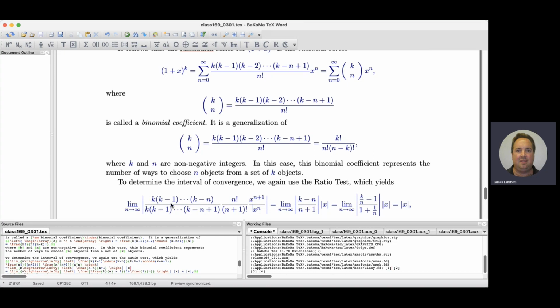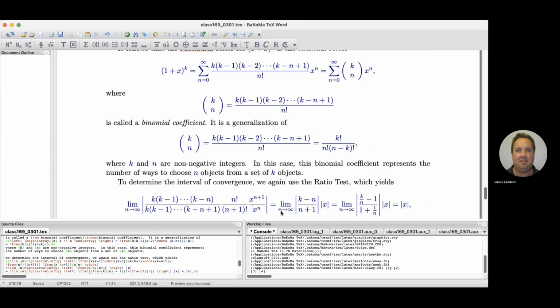And down here, notice we have k's canceling, k minus 1 canceling, and so forth. Everything cancels except for this, k minus n. And then here, n plus 1 factorial is equal to n factorial times n plus 1. So the n factorial gets canceled out. Most of this gets canceled out. What remains is this factor n plus 1. So now we have this fraction times x.